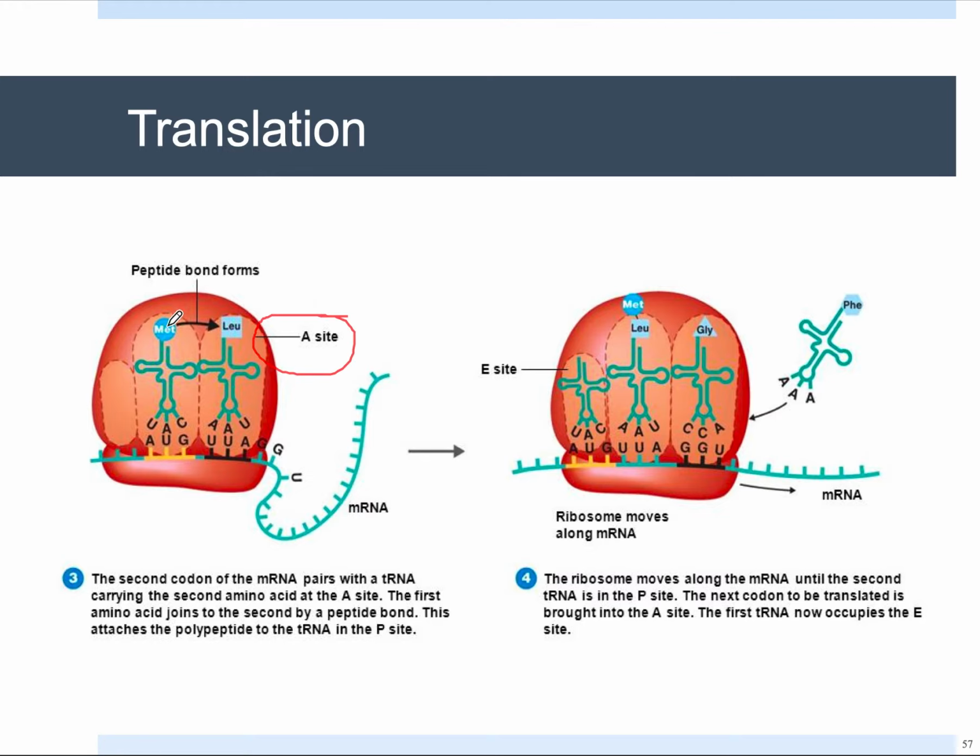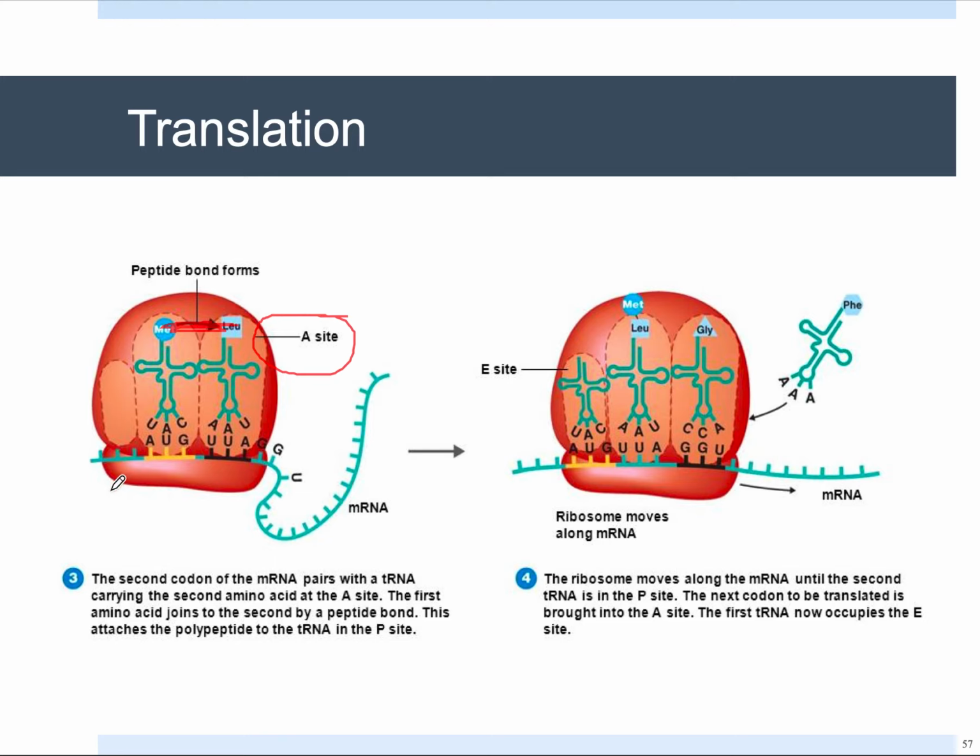So you have the P site, and you have the A site. Once it attaches to its complementary codon nucleotides, it will form a peptide bond between the two amino acids. So the two amino acids, between the first transfer RNA and the second that just joined, will form a bond known as a peptide bond.